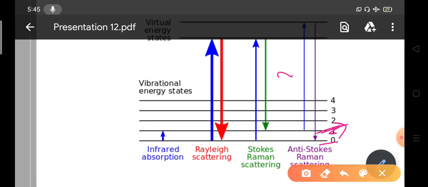So the incident frequency and the scattered frequency will not be equal, and the scattered light will have higher frequency, because it will also take some amount of energy from this state energy difference.